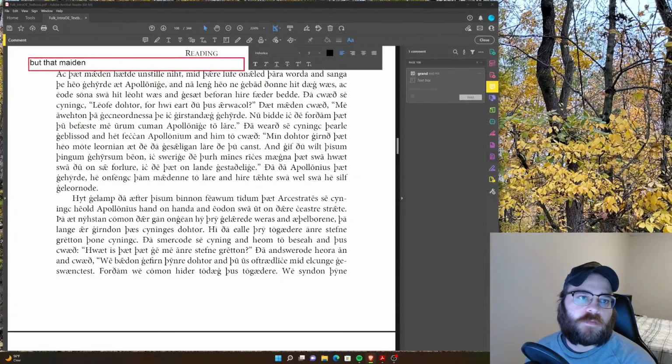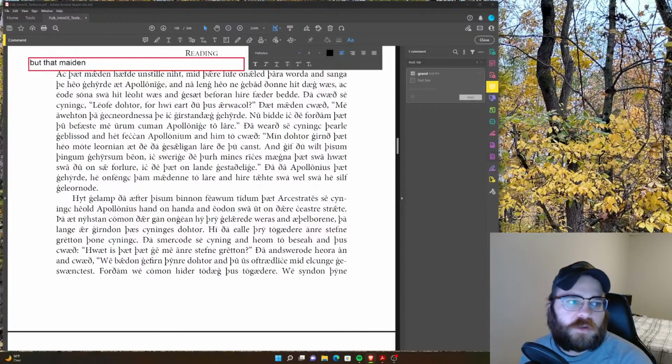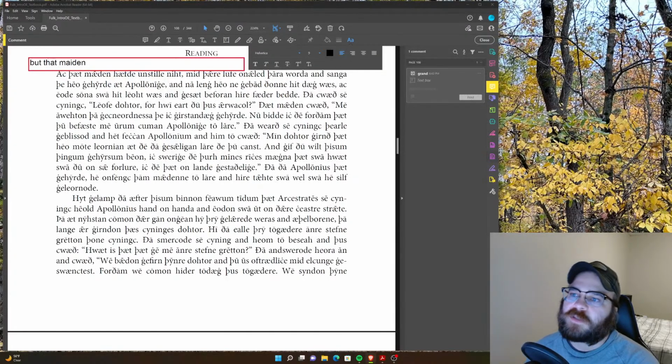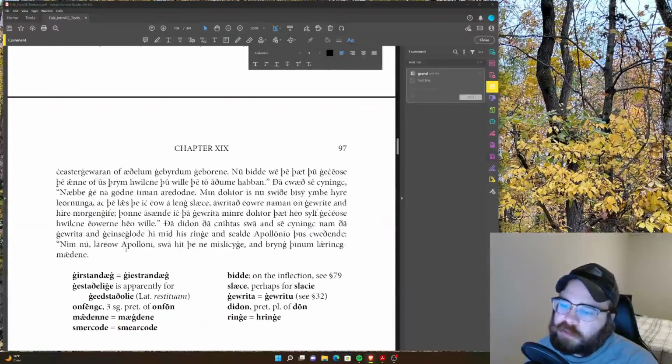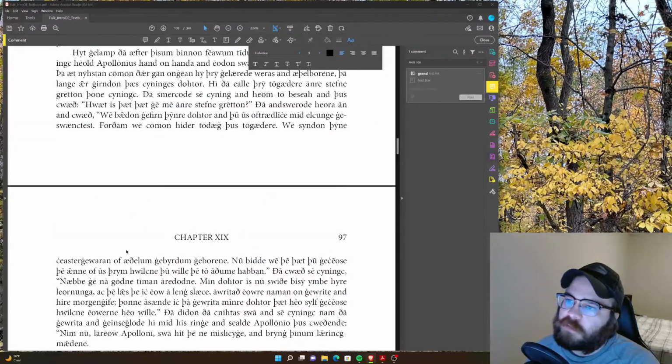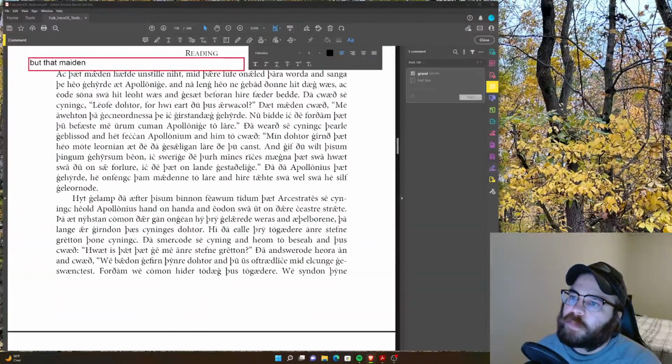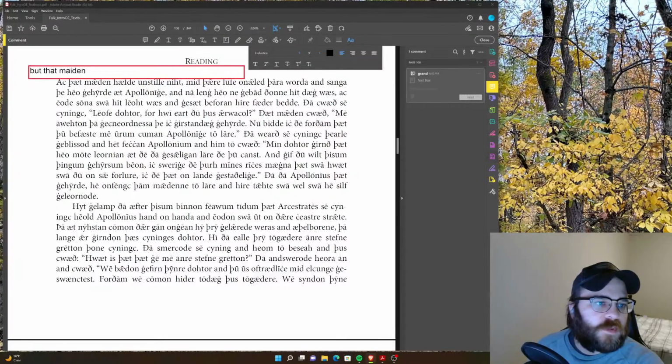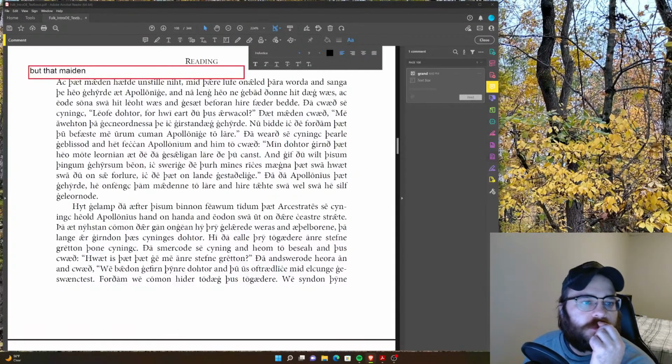And I had quit out of the things that I needed for this. So I'm going to pull up my little dictionary that I usually use. We're going to see. I think this is the verb. But we shall see.